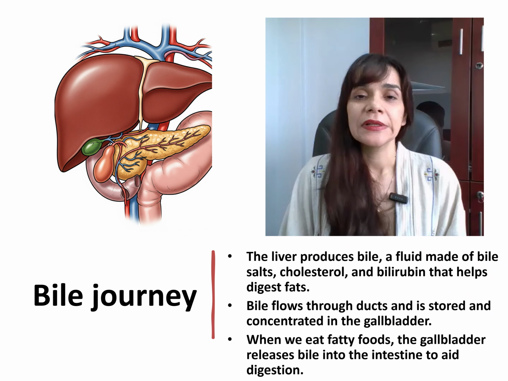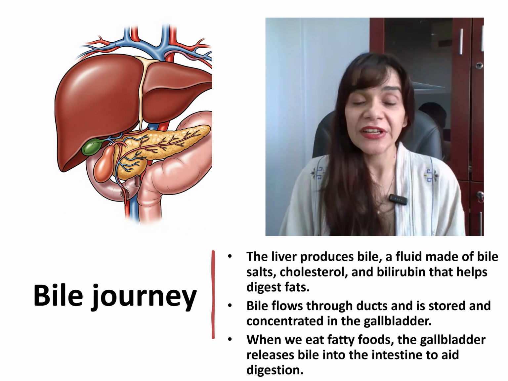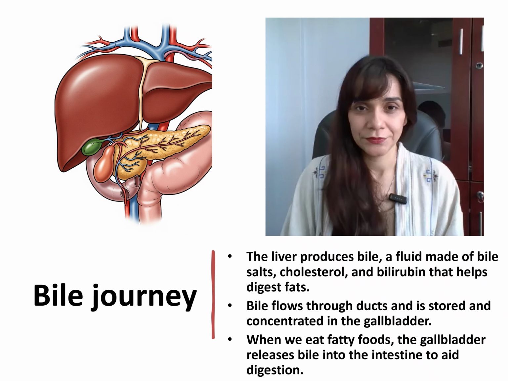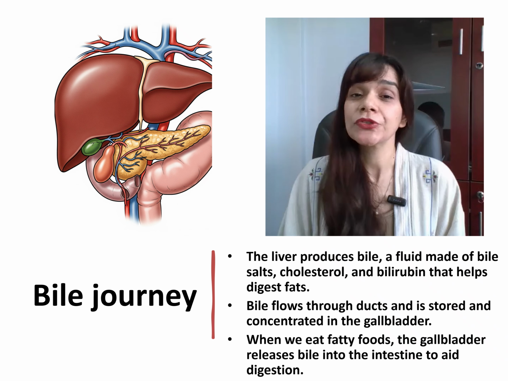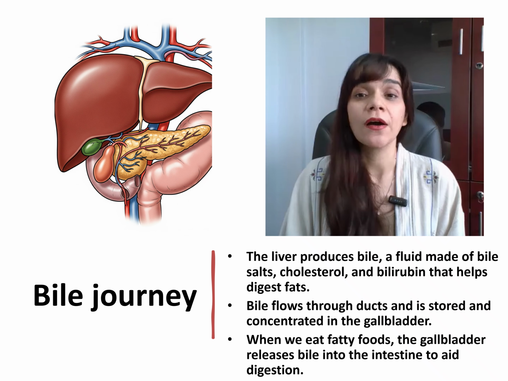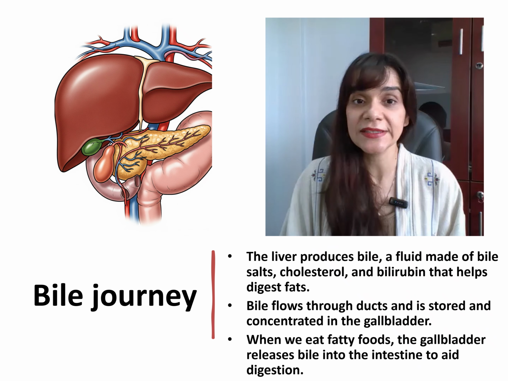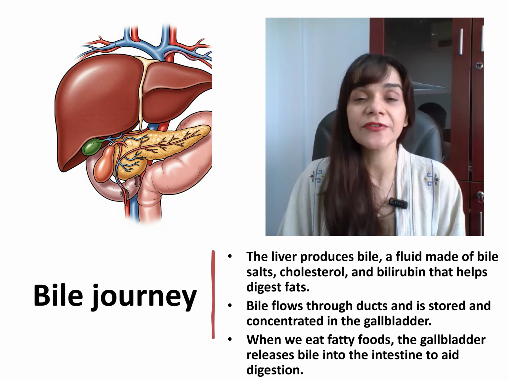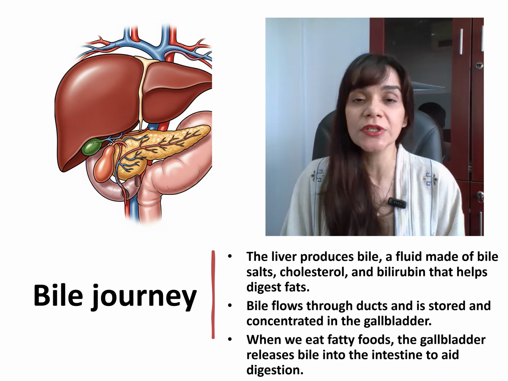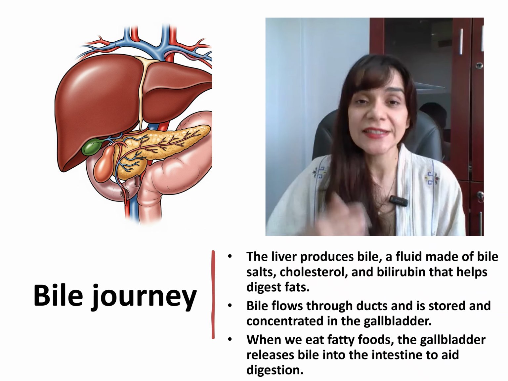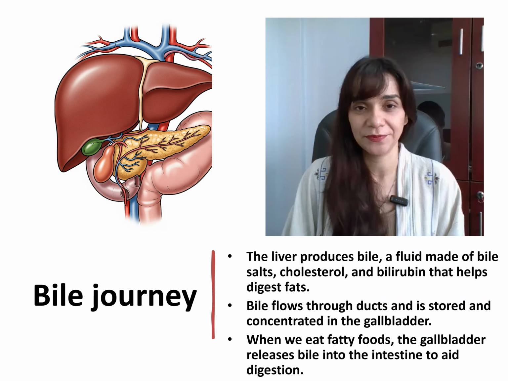As you know, the liver is a very vital organ in the body that processes nutrients, detoxifies harmful substances, produces different types of proteins, and plays a central role in metabolism. One of its key functions is producing bile, which is essential for fat digestion.